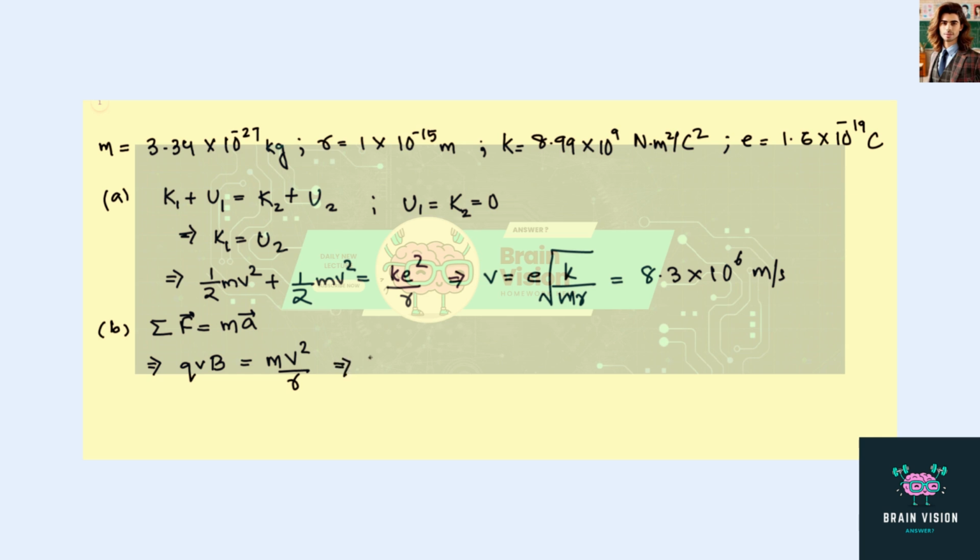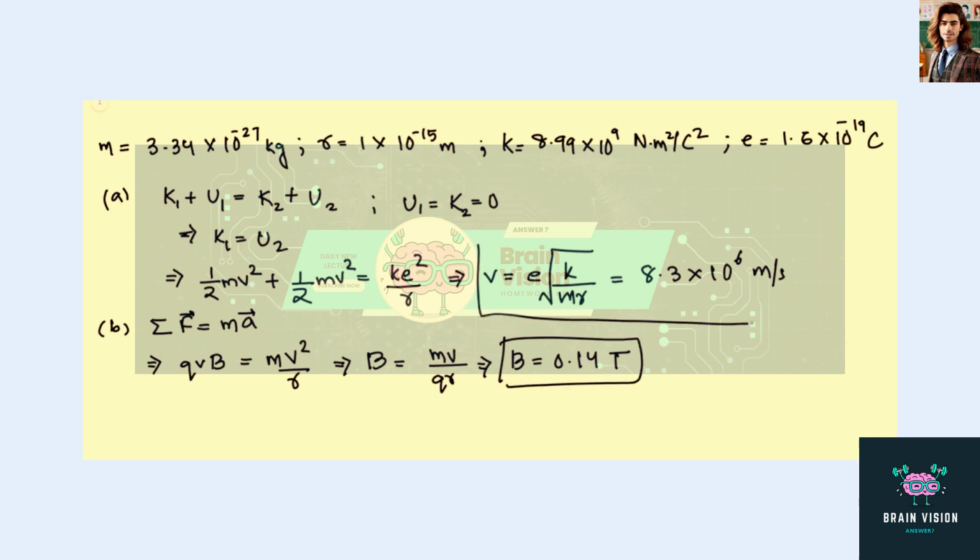This gives the magnitude of magnetic field to be mv over qr. And we solve this using the value of velocity we found over here, and we get this magnetic field to be 0.14 Tesla. Thank you.